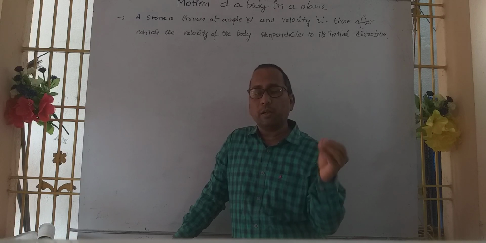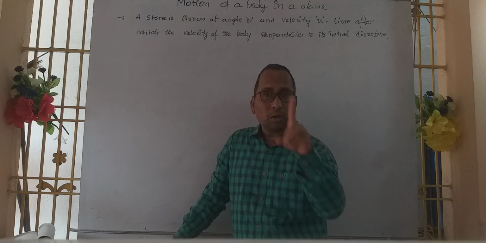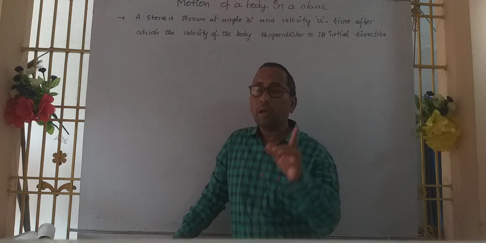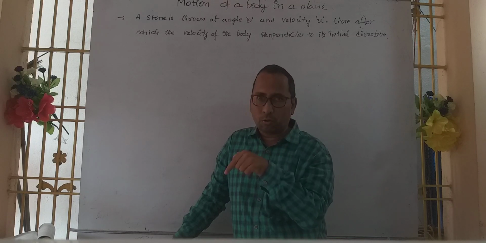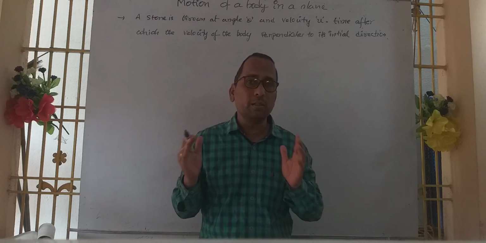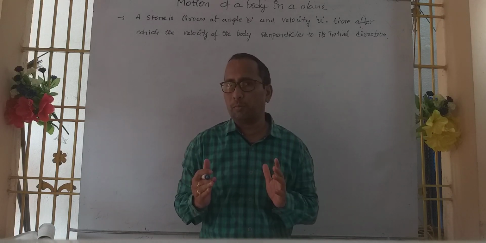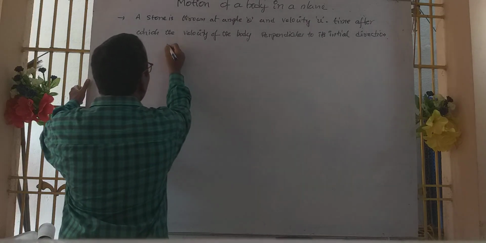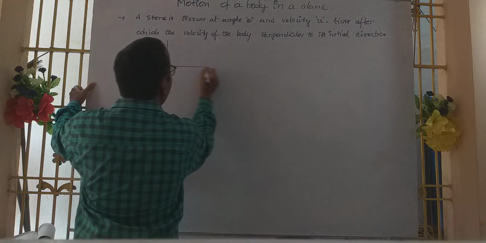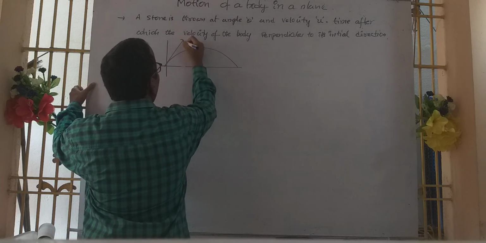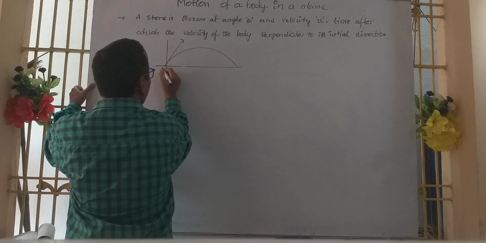After some time it will have some velocity. But as I already told, the velocity will change, it is not constant. That velocity and the starting velocity both are perpendicular. That is the essence, the understanding of the problem. That will be explained in the diagram. Like this, this is a projectile. It will have the initial velocity u.